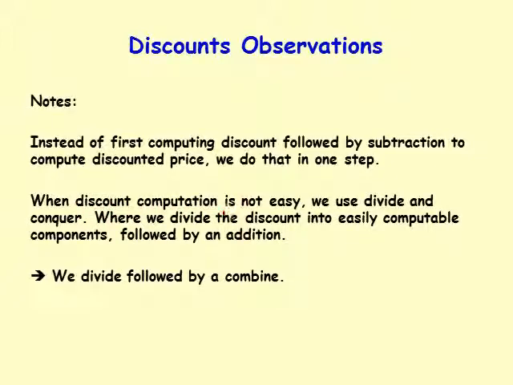When discount computation is not easy, we use divide and conquer, where we divide the discount into easily computable components followed by an addition. We have a divide followed by a combine. Okay, let's continue here.